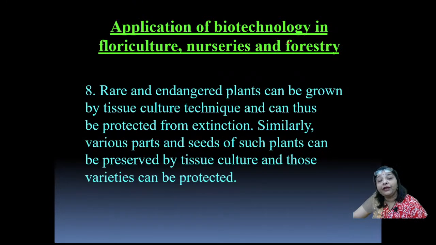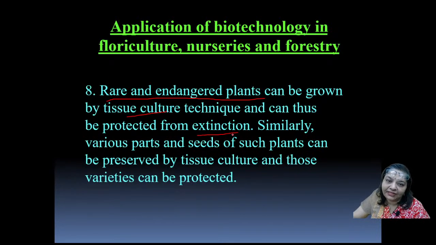Now, the application of biotechnology can also help in conserving the rare and endangered plants, which can be grown by simple tissue culture technique and can thus be protected from extinction. If we would have known about this technique few years earlier than we discovered it, it would have been better, isn't it?